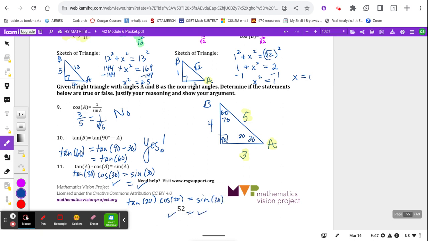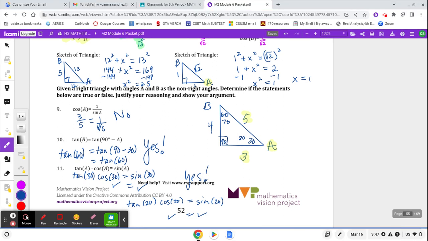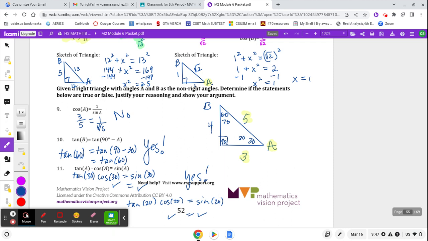So test it with whatever numbers you want, but this should be a yes as well. What do you think? Those are the start of you establishing some trig identities, or some rules that we can always count on with trigonometry, some patterns and some relationships that we can use. Great job if you tried those bonus problems.